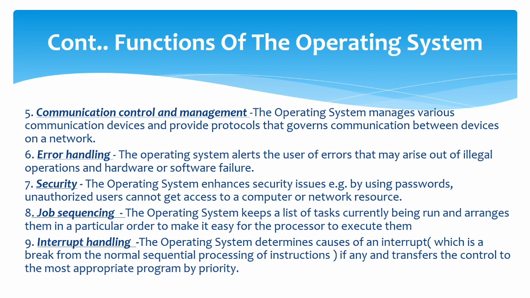The operating system also handles errors, so it will signal when there is hardware failure or software failure. It will also alert you as a user when there are illegal operations on a computer. So it is able to show you errors when something is not okay.